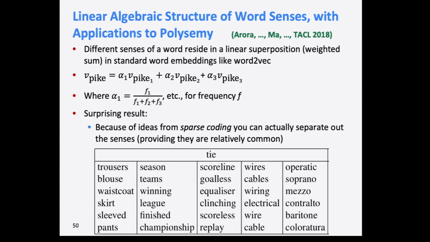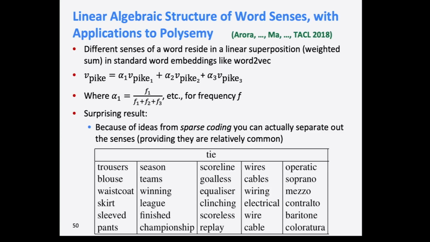And it turns out that there's this whole literature on sparse coding, compressed sensing, some of which is actually done by people in the stats department here, which shows that in these cases where you have sparse codes in these high-dimensional spaces, you can commonly reconstruct the components of a superposition, even though all you've done is this weighted average.